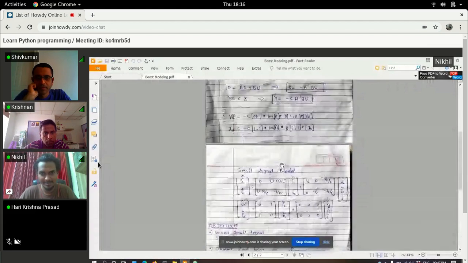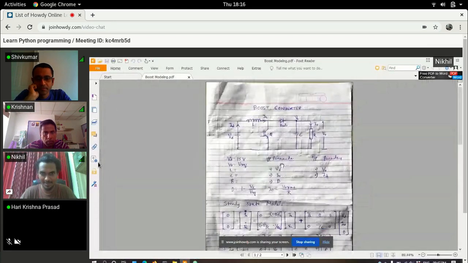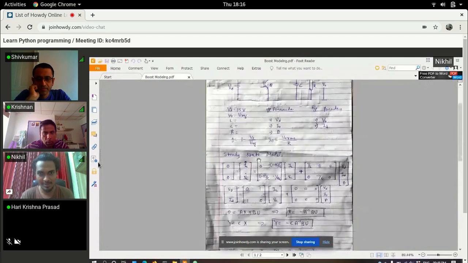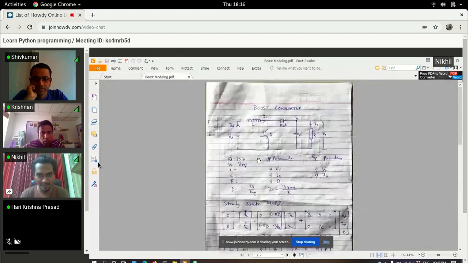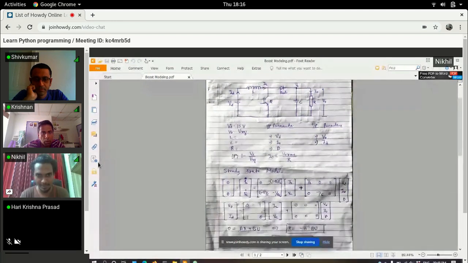So basically, this is what I have done, something I wrote on paper. This is a typical boost converter without any lossy elements, a very raw boost converter. These are the parameters. The L, C, R values are not written here, but they are included in the code.